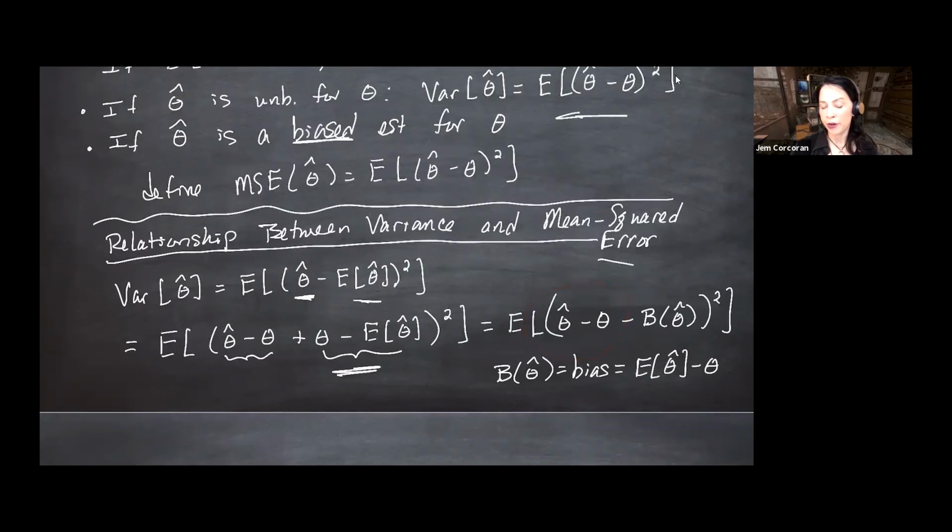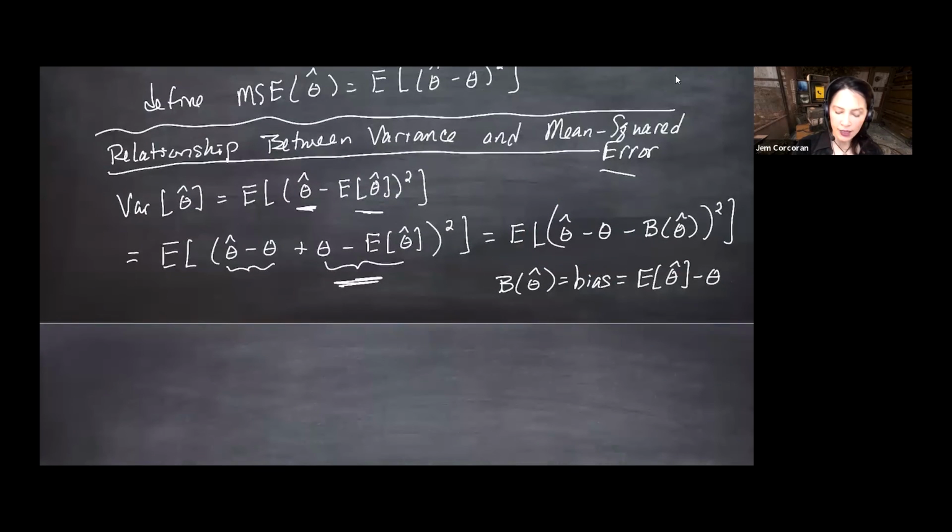Okay, so now I'm going to square this out, but I am going to leave the theta hat and the theta group together. And using the linear operator property, I'm also going to run the expectation through. So I'm going to get the expected value of theta hat minus theta squared, minus 2. One thing I want to point out is that this bias is an expected value, which is a constant, minus the unknown parameter, which is a constant. So bias is constant. So when I run the expectation through, I can pull this out.